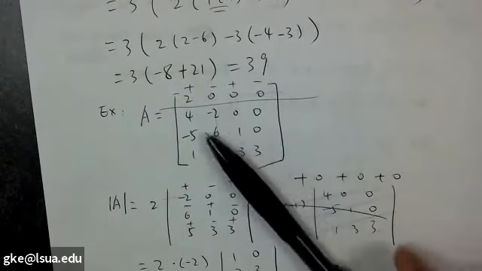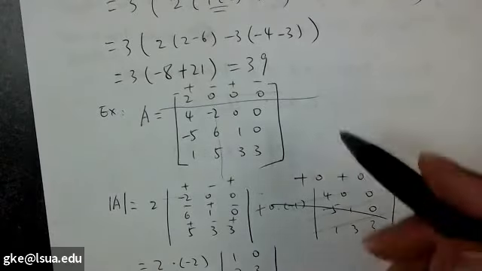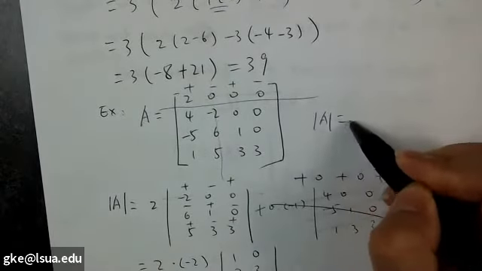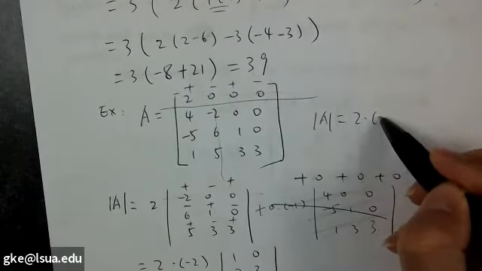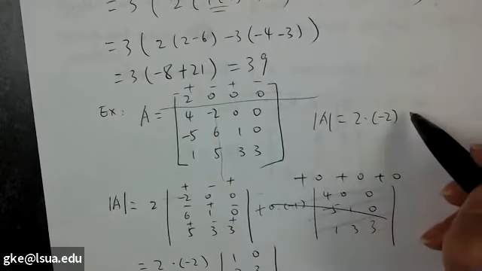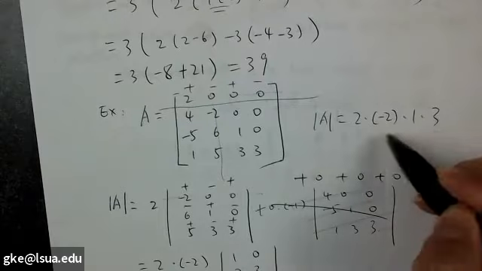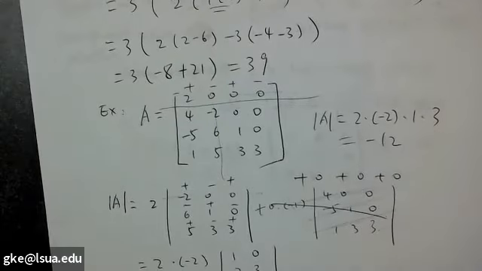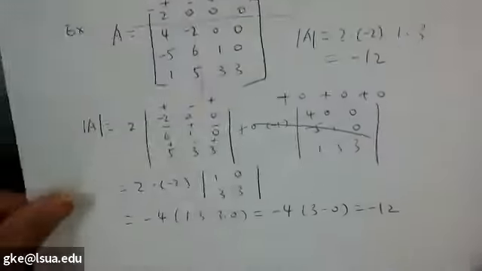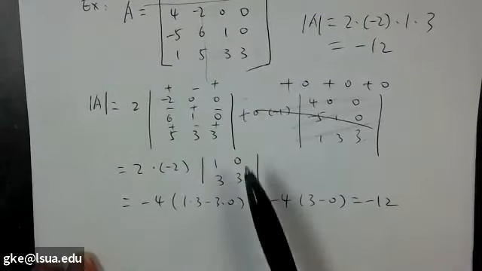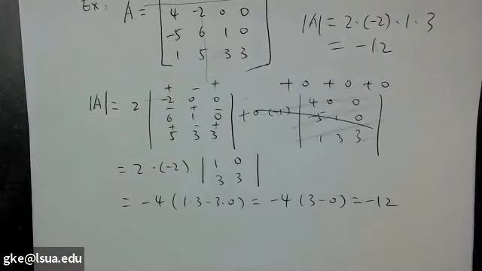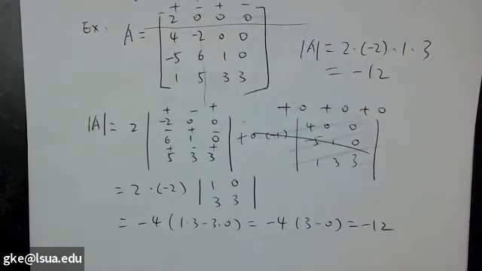So that is a lower triangular matrix. So for this guy, we just multiply the diagonal entries together. You're gonna get negative 12. The same thing as you follow the expansion. Did you see it? All right, very straightforward.